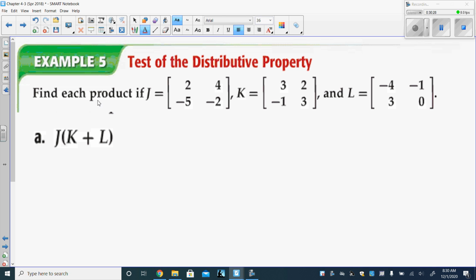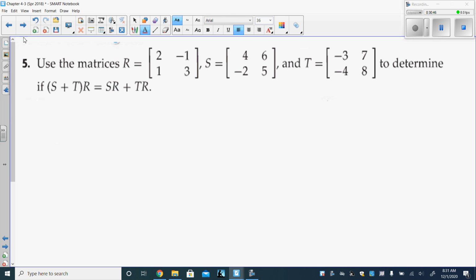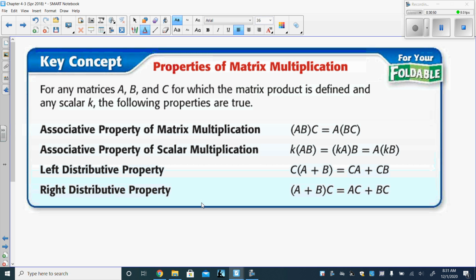J times parentheses K plus L is going to equal JK plus JL. It does work out. And it also works out that this one here, so the left and right distributive property do work.